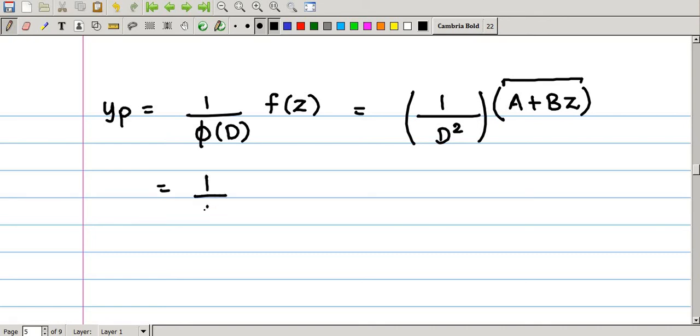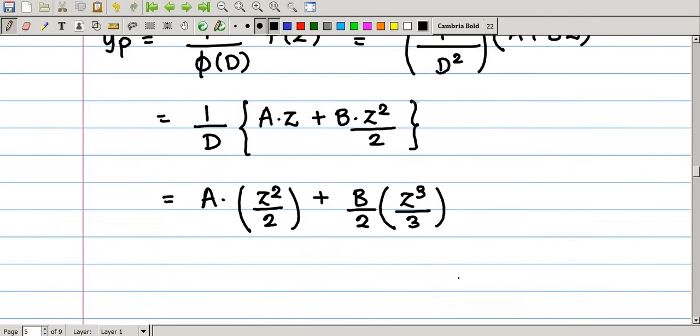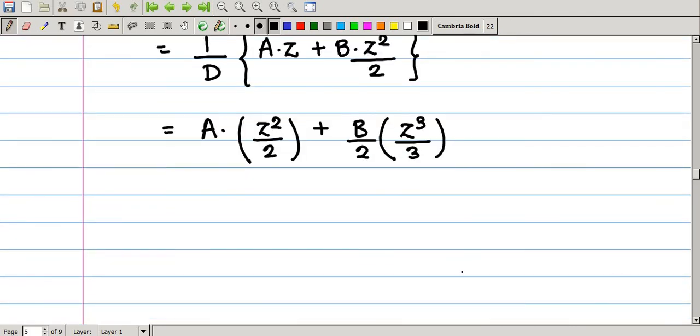So if we operate 1 upon d first, this integration will be a times z plus b times z square upon 2. Now we operate 1 upon d again, we get a into z square upon 2 plus b upon 2 into z cube upon 3. Agree with this?